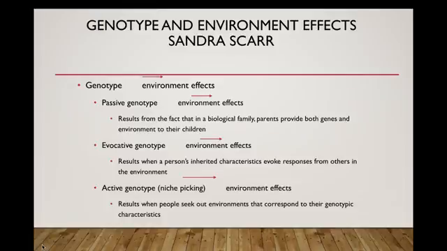Sandra Scarr came up with this: there's a correlation between genes and environment. One is the passive genotype. In other words, I'm born into a family, and I take the genetic predispositions, and I exhibit those types of behaviors.